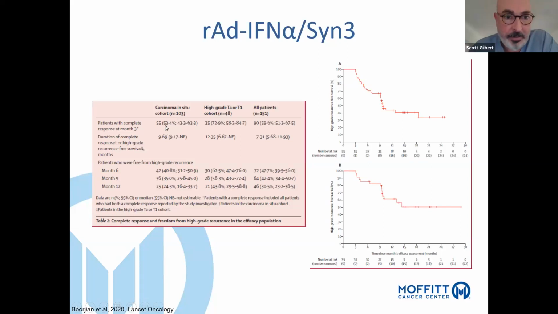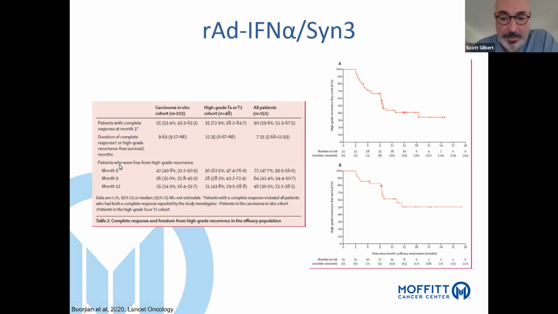And you can see that in this study published in 2020 by Steve Borgen, who's at Mayo Clinic in Minnesota, there was a carcinoma in situ cohort, and then just a non-CIS high-grade Ta/T1 cohort. And so 55 patients versus 35 patients.